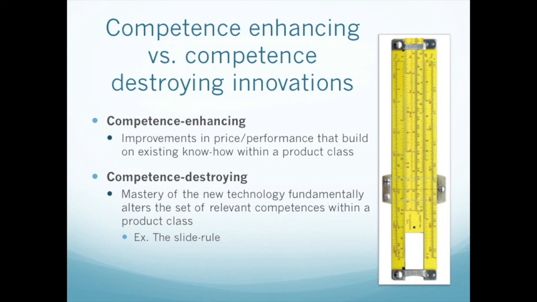But the inexpensive handheld calculator built on the existing competencies of companies such as Hewlett-Packard and Texas Instruments. So for them, this new innovation was a competence-enhancing innovation. But for Keuffel and Esser, the calculator was competence-destroying.